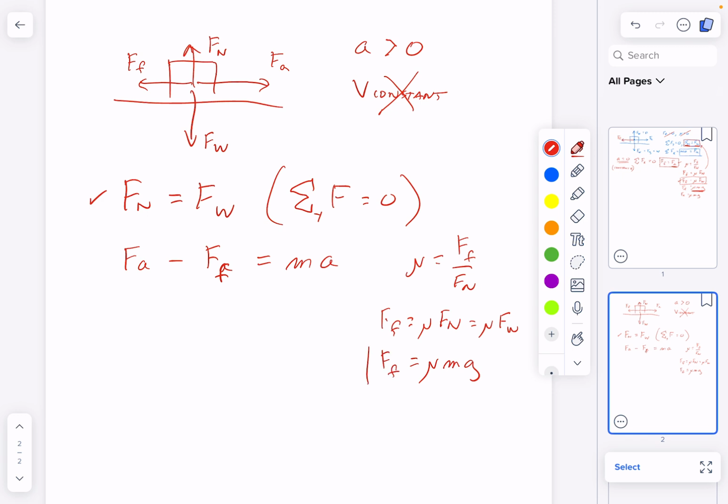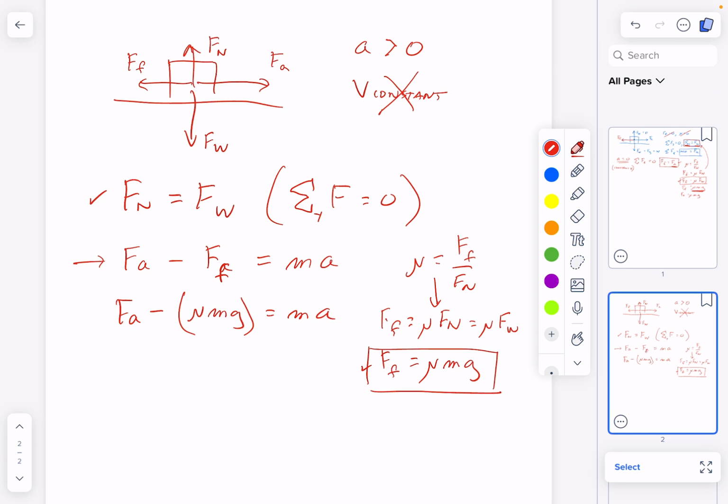So now I have this equation right here, which derived from the forces moving horizontally. And I also have this equation up here. So now I can say that my applied force minus my force of friction, which according to the box here is mu mg, is going to equal mass times acceleration.